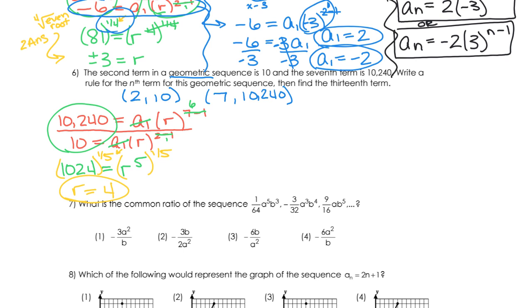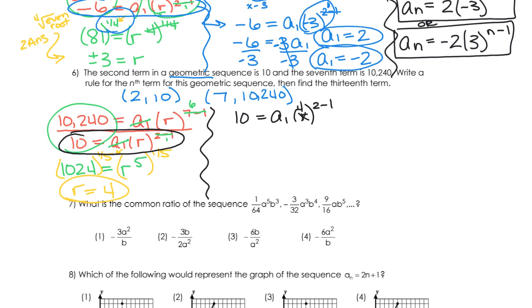All right, so we can now use the r value to work backwards to figure out the first term. Or we could go ahead and plug in. So I'm going to take this formula here that we wrote, and it doesn't matter which one you take. But now that we know our r value, I'm going to substitute it in.